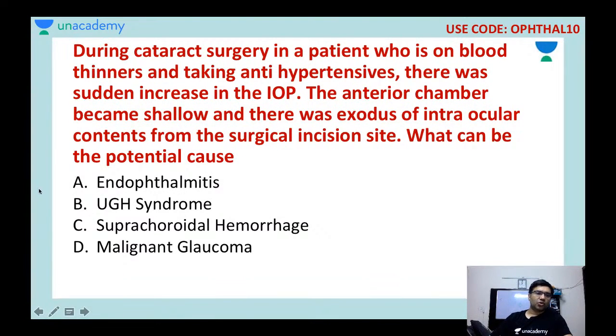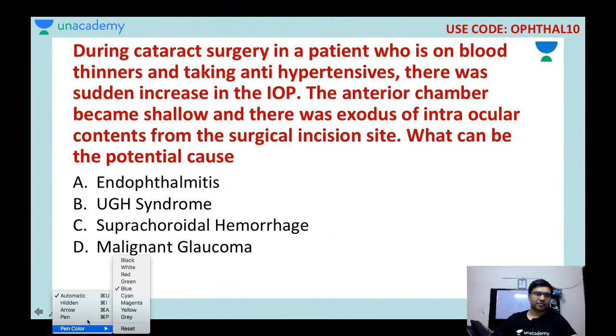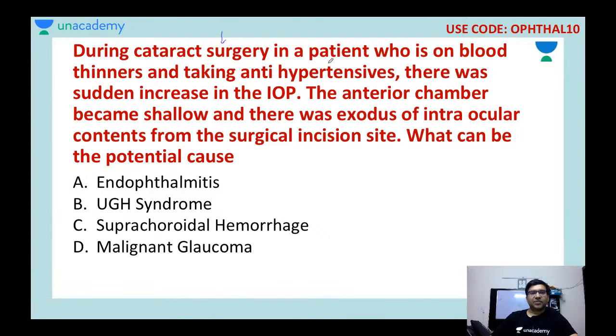Okay, so here let's see what are the hints that are given in this question. The first thing here is that the patient is on blood thinners and was taking antihypertensives. So can you all appreciate that this patient was having more tendency for bleeding? Do you all agree?